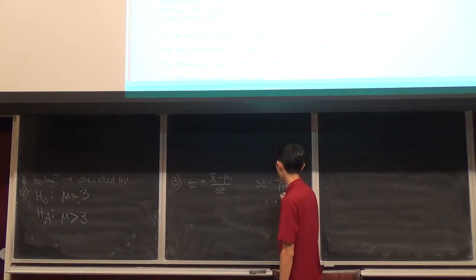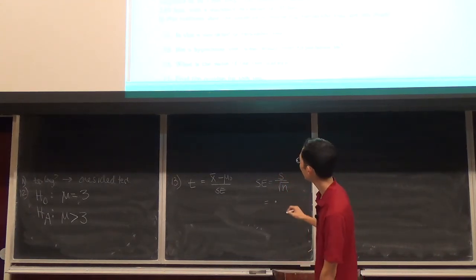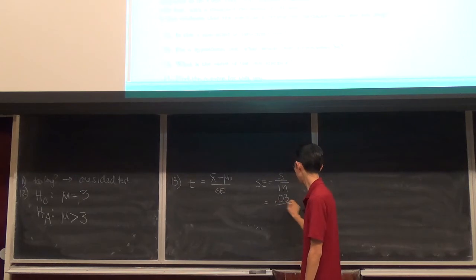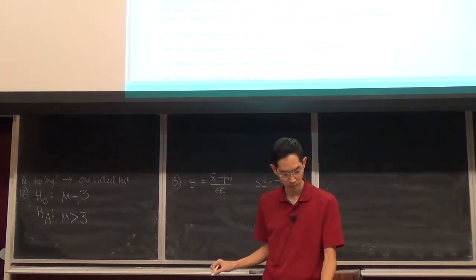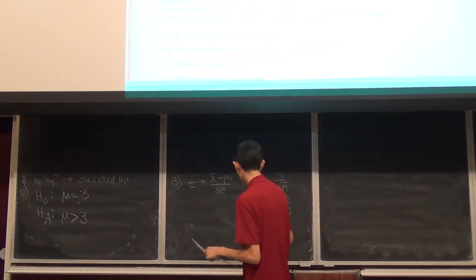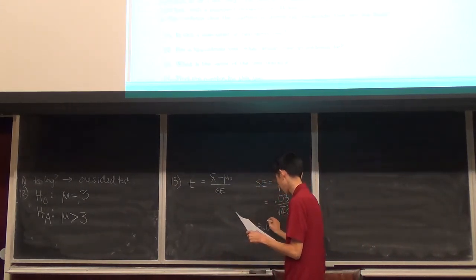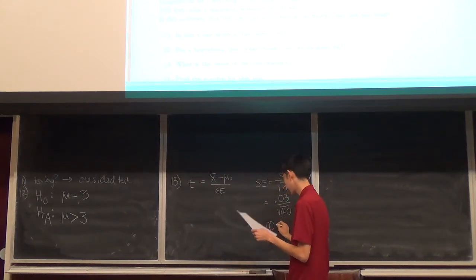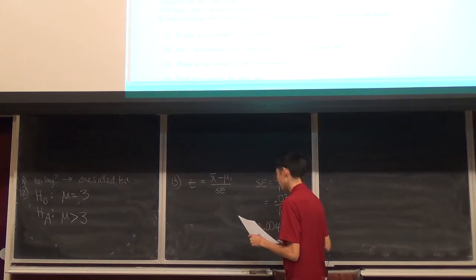So I have 0.03 divided by the square root of 40, and that's equal to 0.0047434.